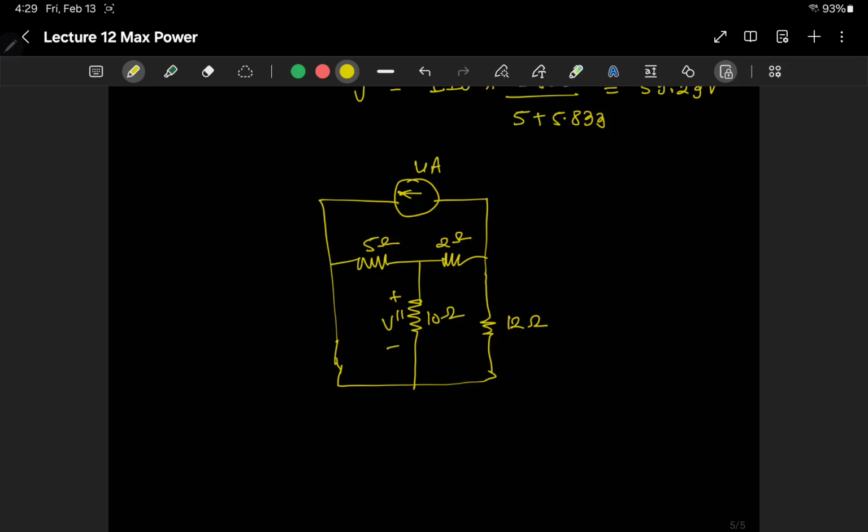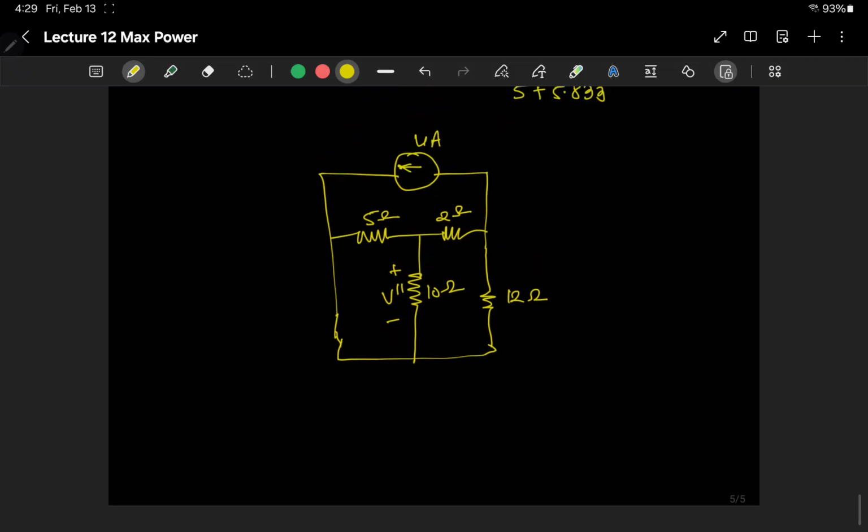We can simplify this circuit: if we combine these two as a parallel combination, they will have these two as series, and then this is left here, and we can use the current divider rule to find the current across here. And then the voltage drop will be the voltage drop across the combination of these two, because it will be the same as long as it's in parallel, right?